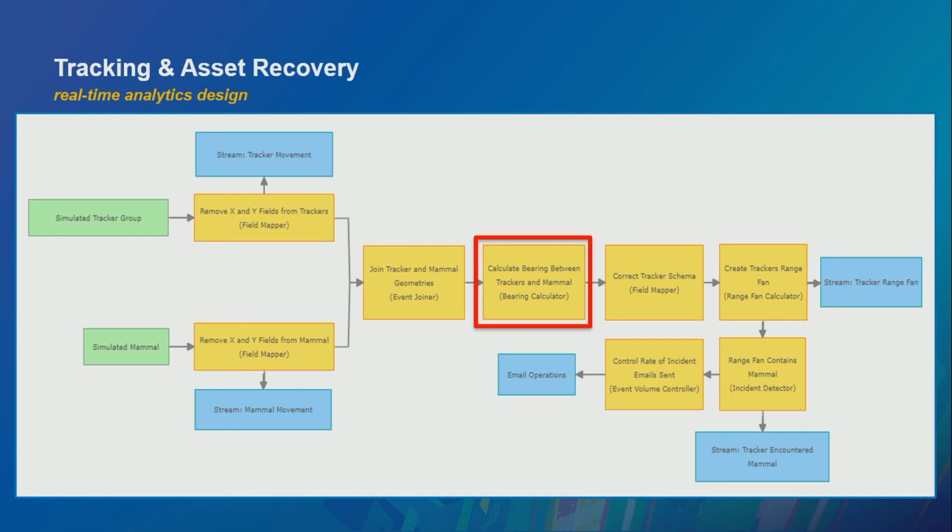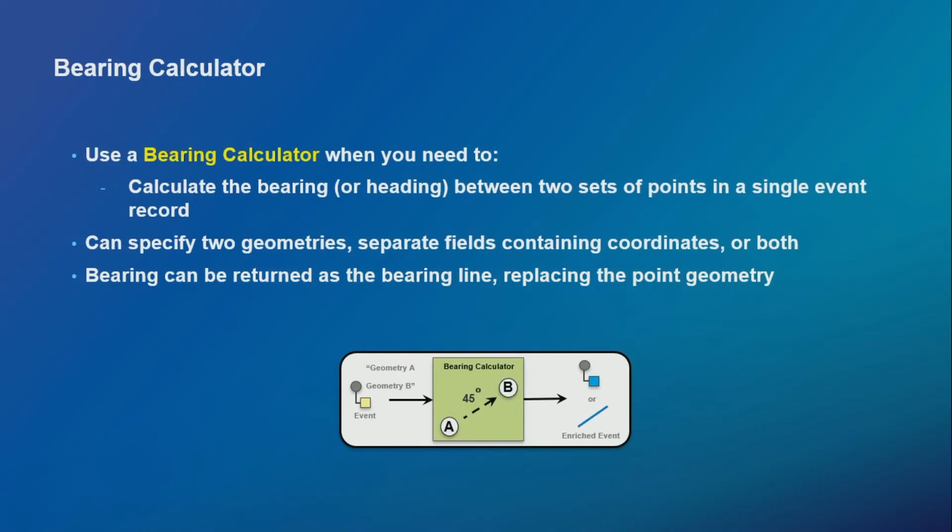So now we'll take a closer look at some of these new processors, starting with the bearing calculator here. You want to use the bearing calculator when you want to calculate the bearing, as implied by the name, or heading between two sets of points or two sets of geometries within a single event record.